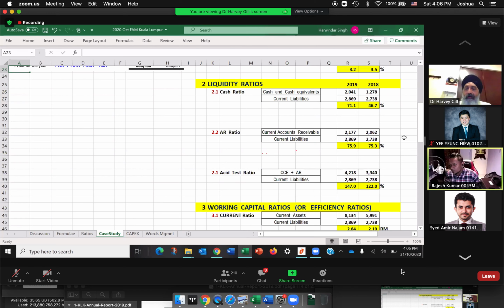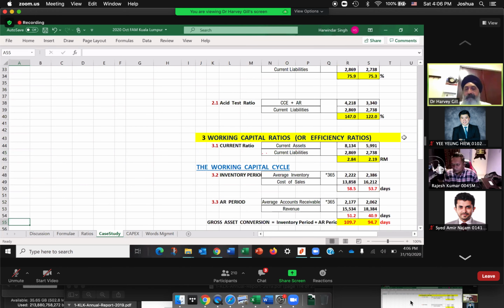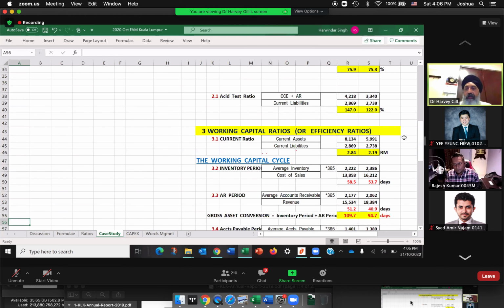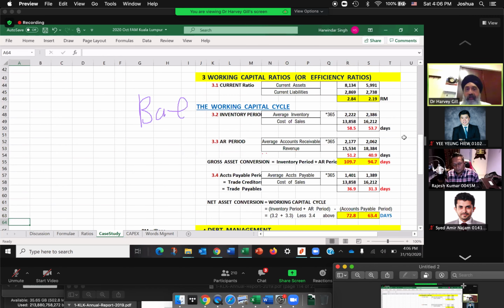Just a quick question, Doc. Out of all these ratios, what would be the most pertinent in order to determine a share price for that company? Share price is always the earnings per share, and then the market reputation. That's share price.